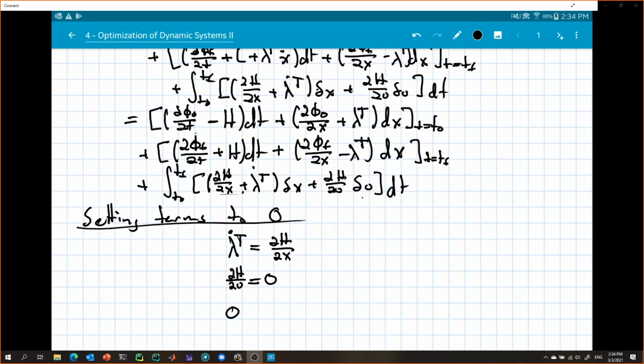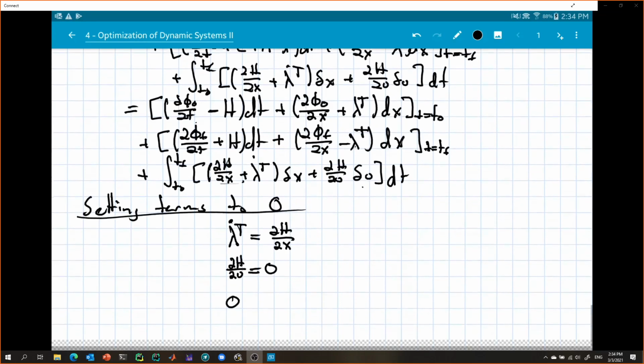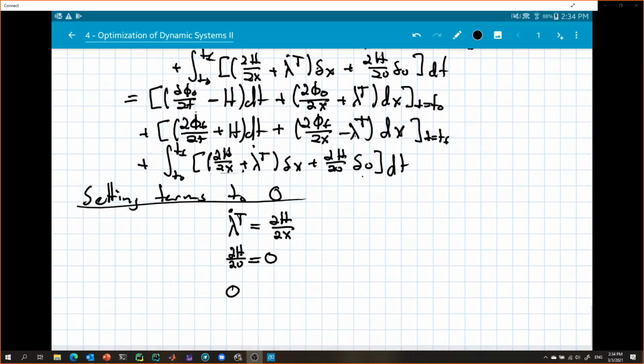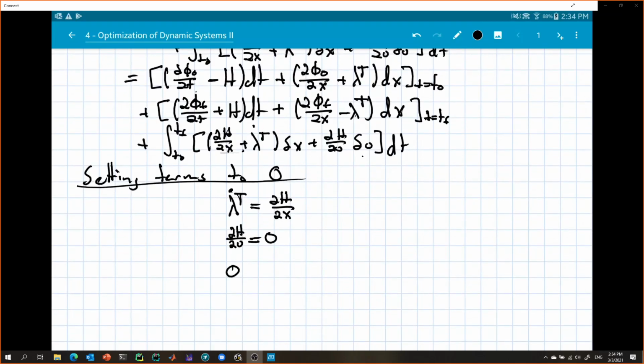Now let's do the initial portion, but the dt ones, so the ones that cancel the difference in time.